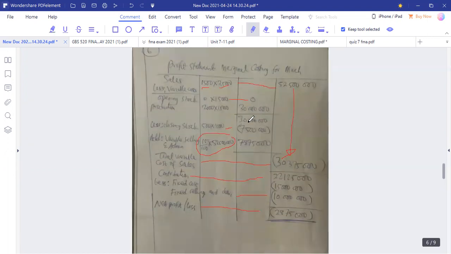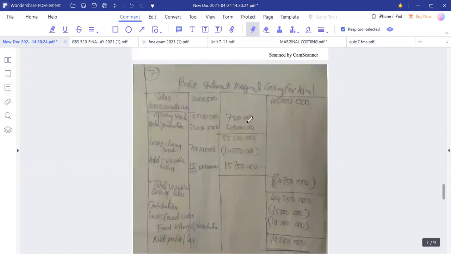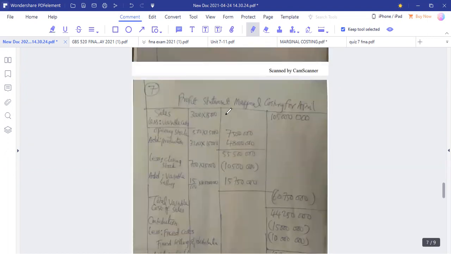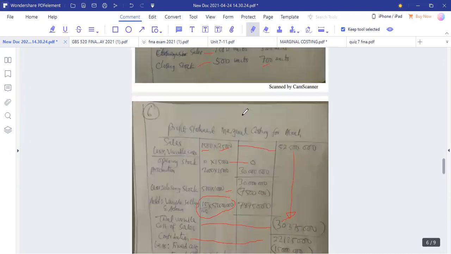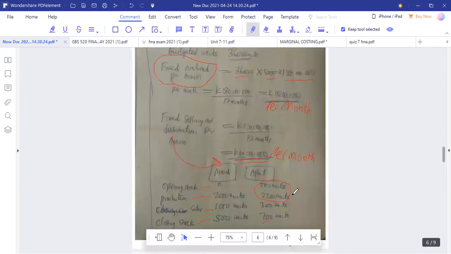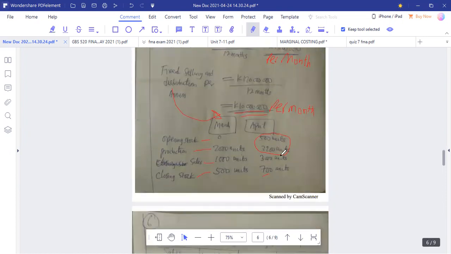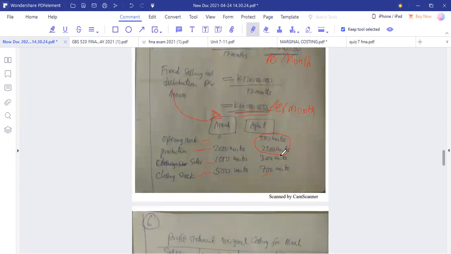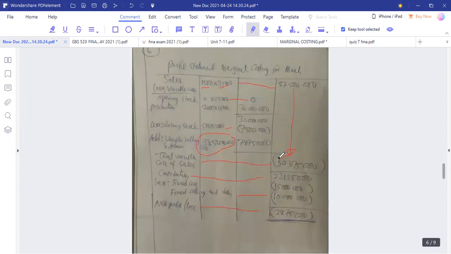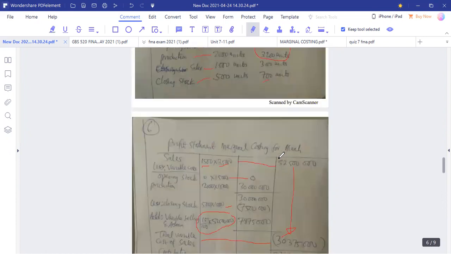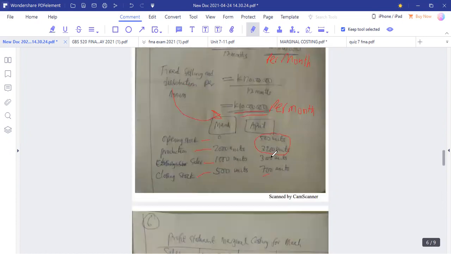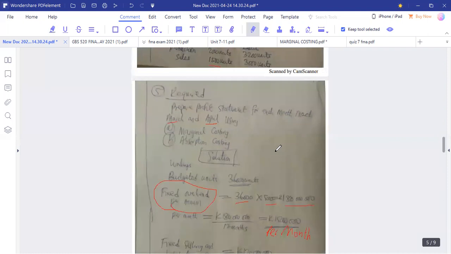So now we can find the sales. It is 3,000. That is for the month of April. We sold the 3,000 units. All right. So 3,000 units, then multiplied by the selling price.